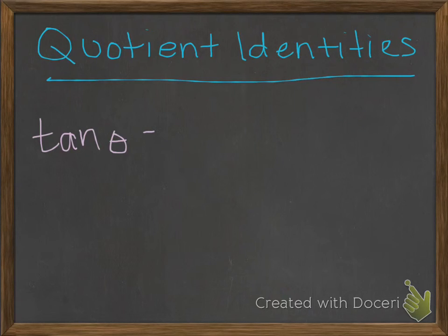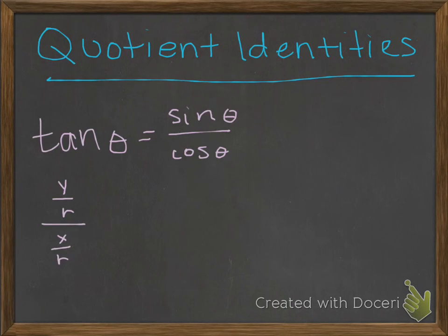That's one way to define tangent, but another way to define tangent is sine of theta over cosine of theta. And to prove to you why this works, I know sine is y over r, and I know cosine is x over r. And now I have a fraction divided by a fraction.